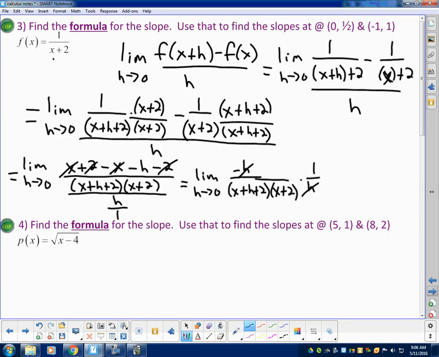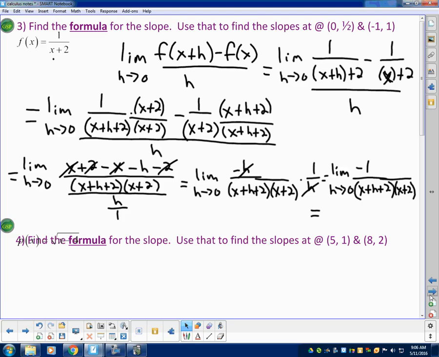The h is canceled, so now I have the limit as h approaches 0 of negative 1 over x plus h plus 2 times x plus 2. And what happens then when I plug in 0 for h? Plug in 0 for h, that's gone, so I have negative 1 over what?